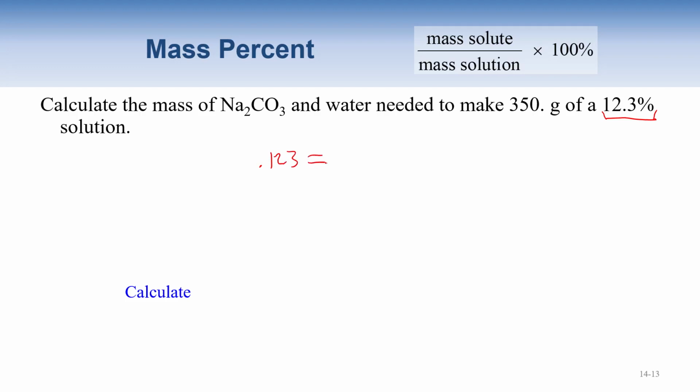And we're going to set that equal to the mass of sodium carbonate needed to make 350 grams of the solution. And actually, going through this problem is probably too challenging for the scope of this class. So instead of going through all of the instructions, we are going to skip this one.